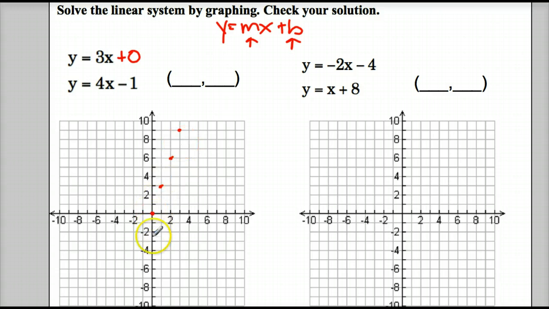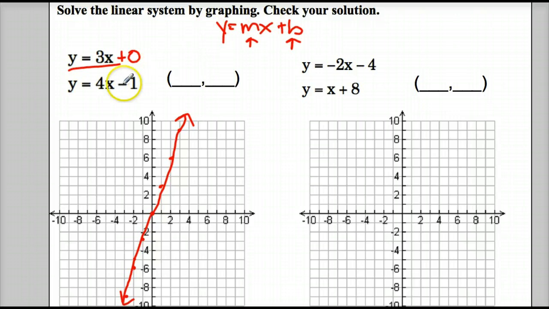Well, we know we can continue the pattern if we go from the origin, down 3, this way 1, down 3, this way, okay, and we've run out of room. Now we're going to draw our line, and of course mine's going to be crooked, but you're probably using a ruler. So there is our y equals 3x.